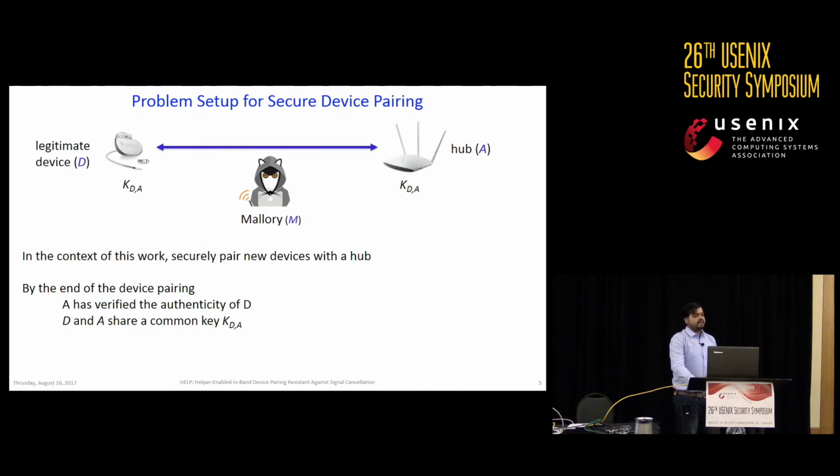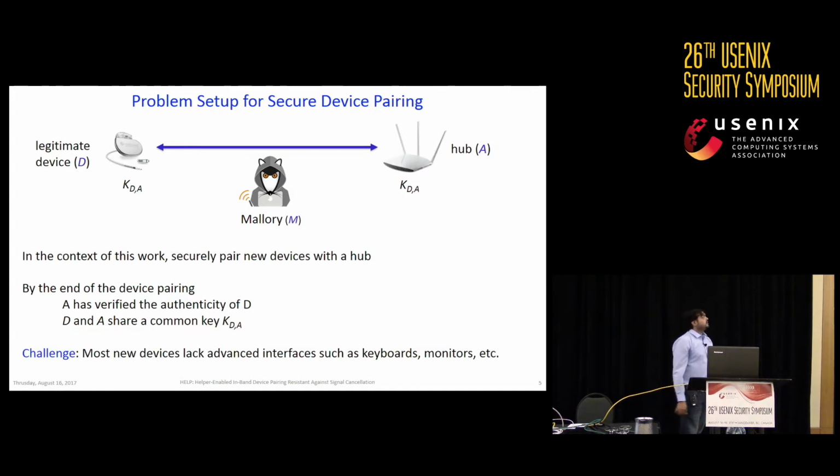And secondly, at the end of the pairing protocol, the device and the hub need to have a common shared key, KDA. The biggest challenge for this problem is that most of these new devices, such as smart devices, do not have an interface such as a keyboard. As we can see here, a pacemaker which will be implanted inside the body does not have a keyboard or any interface to enter any keys or password.